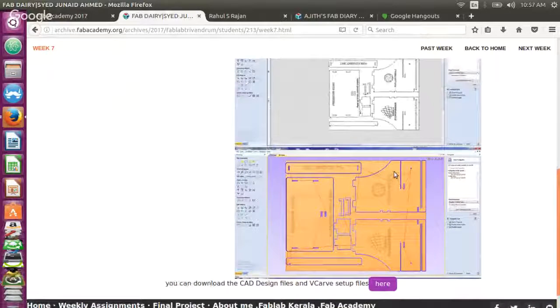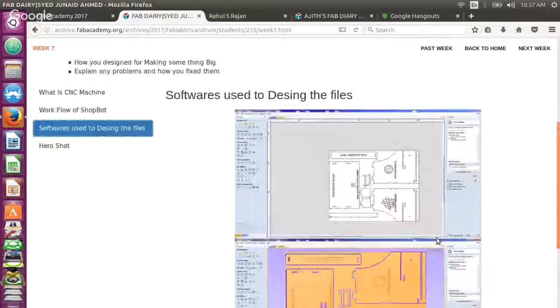I'm going to set the projector on this table, and everything will be connected and set up. Once done, I will upload the pictures also.